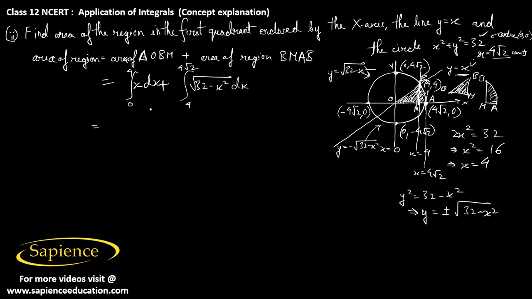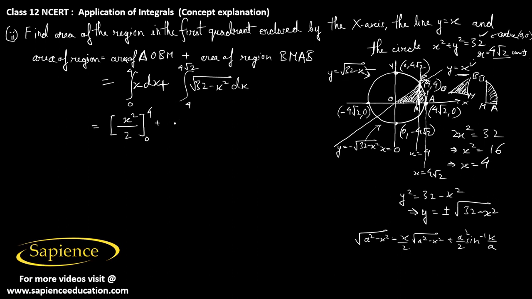So this will be equal to the integral of x dx. The integral of xⁿ dx is xⁿ⁺¹/(n+1), from 0 to 4, plus, we know that the integral of √(a² - x²) is (x/2)√(a² - x²) + (a²/2) sin⁻¹(x/a) + c.